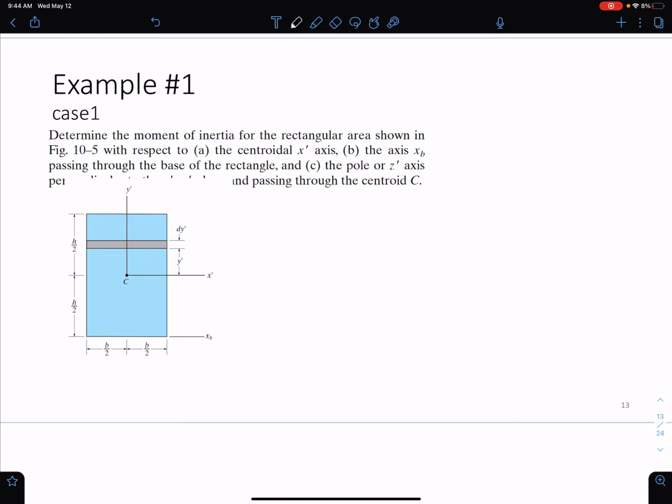So let's start with part A, the centroidal axis x prime, okay? So the entire element is at a distance y prime from the x prime axis, right? So this is our x prime axis, and we want to find the moment of inertia of just this rectangular area, which acts at a distance y prime from the x prime axis.